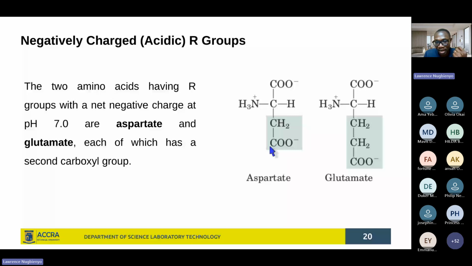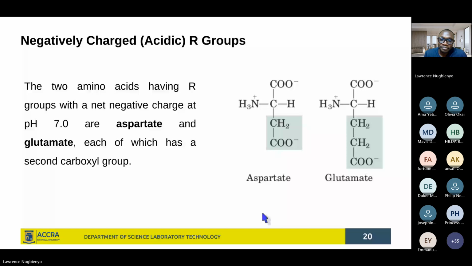So you have an amide, which is responsible for the positive charge that that amino acid carries. Here it is a carboxylic acid group and it's carrying a negative charge. So you can do that comparison. Compare asparagine to aspartic acid and compare glutamate to glutamine and see.